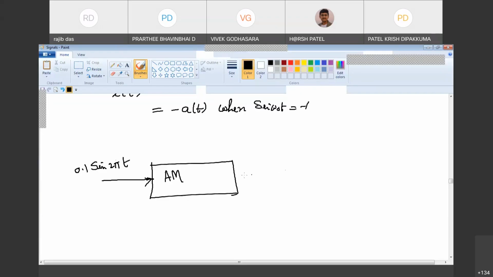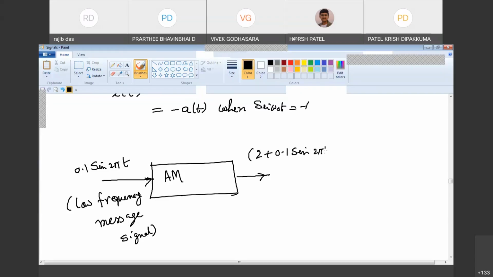Now we need to convert it to a high frequency one. So this is low frequency, the message signal. This one we have considered. With this, one carrier is multiplied.